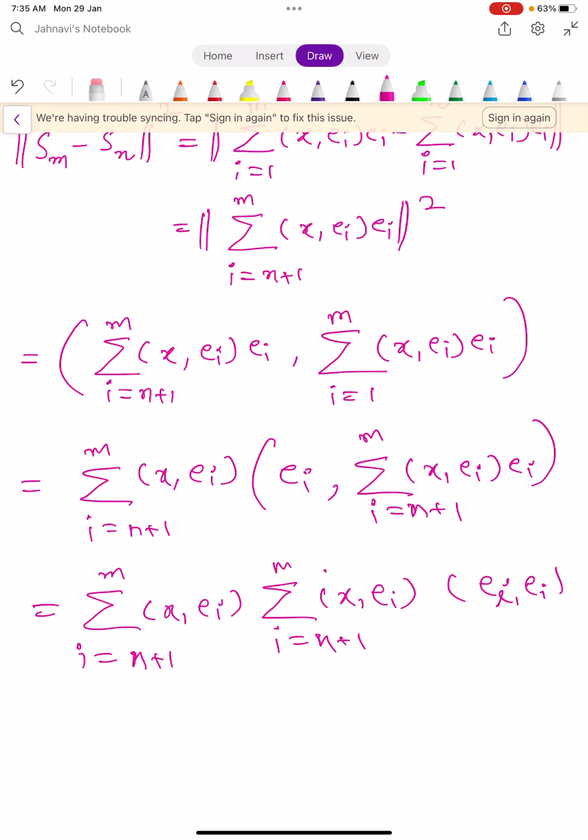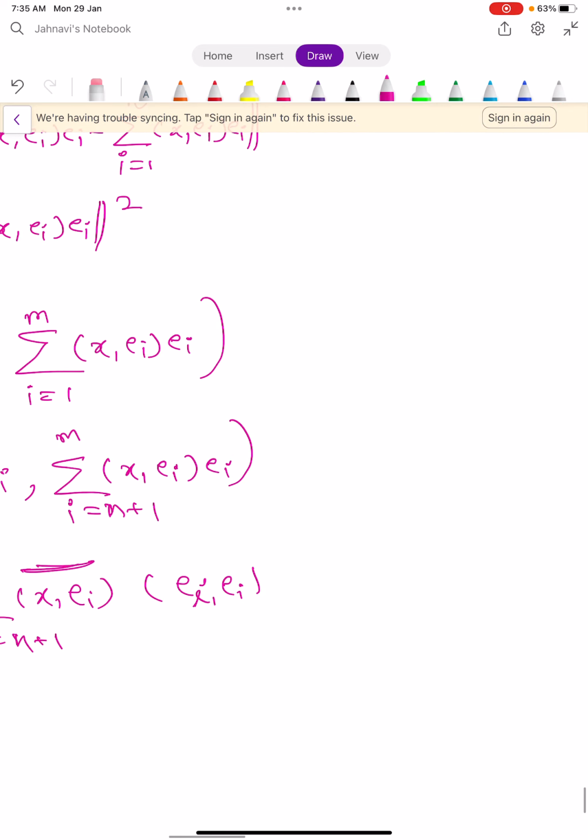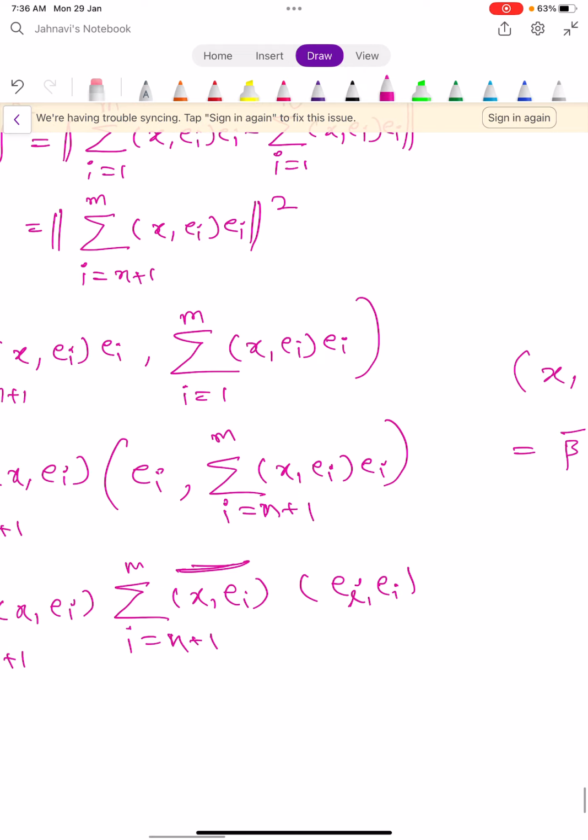Here it is bar because we write from the second element. For example, you observe that inner product of x comma beta x is equal to beta bar times inner product of x comma x. So similarly here in place of beta we have this term.